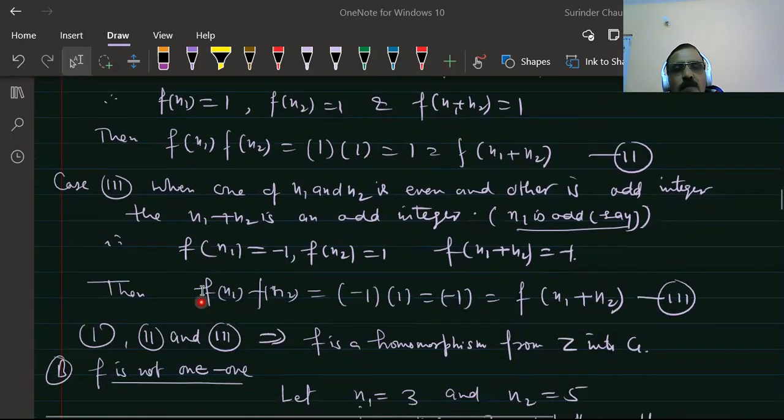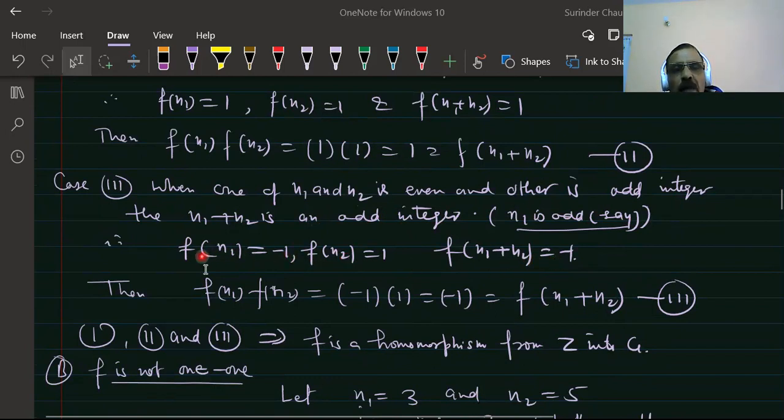Third case, when one of n1 and n2 is even, the other will be odd, and therefore the sum is odd. Let us suppose n1 is odd, so f of n1 will be minus 1, and the other is even, so f of n2 is equal to 1. So f of n1 plus n2 is minus 1.